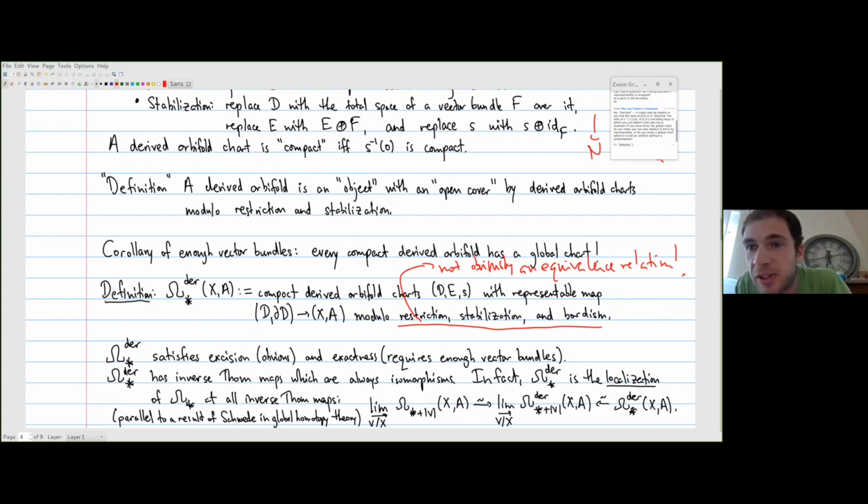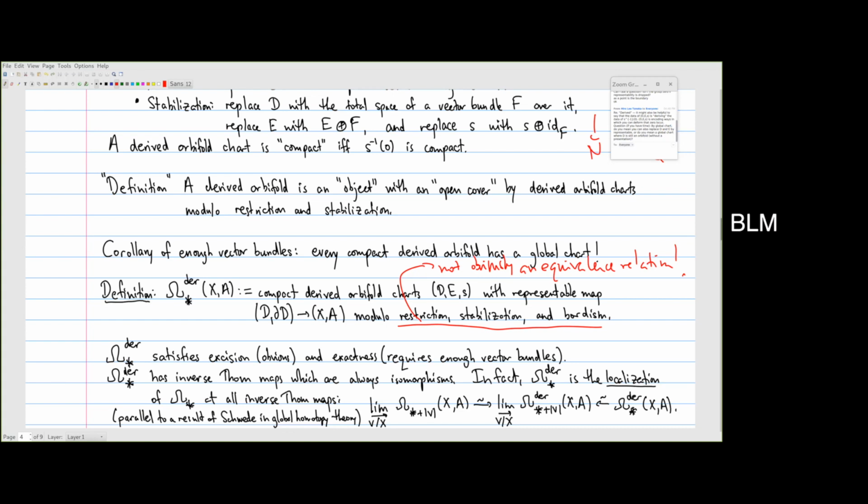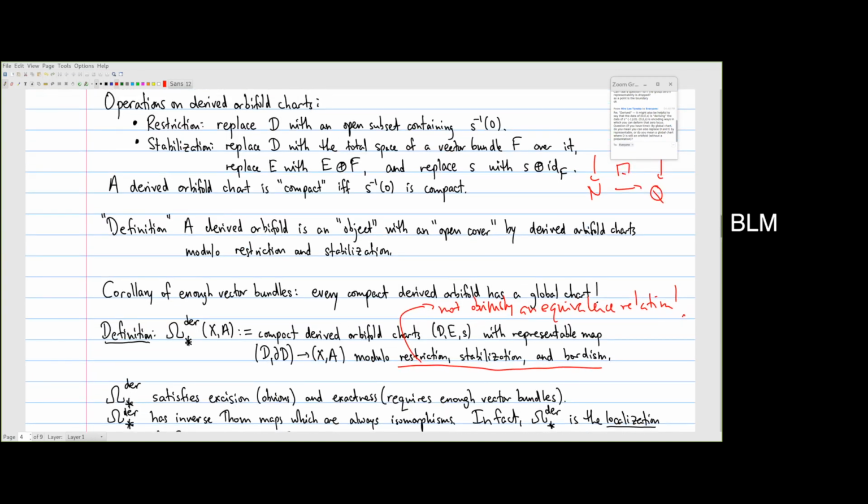Okay, so let's see. Hirobi Tanaka has a question. So D is definitely an orbifold, and we're definitely not going to. I hope I'm answering your question. I'm not exactly sure what you're asking. I was just asking what you meant by a global chart. For example, for Deligne-Mumford stacks, you could also have a notion of a global chart.